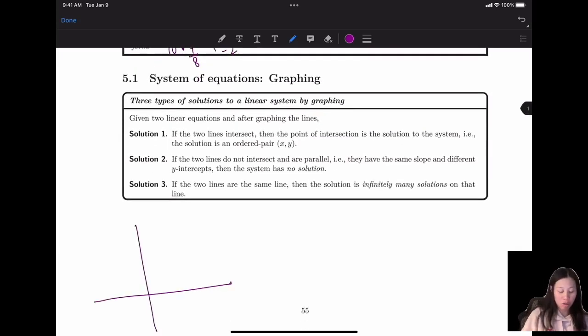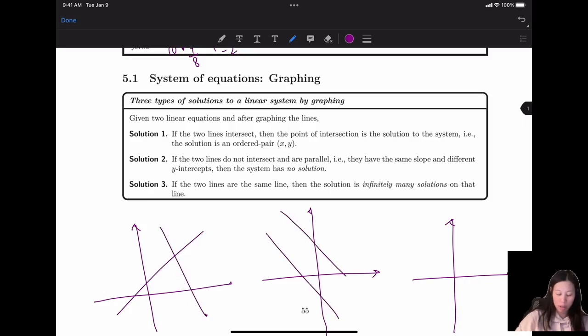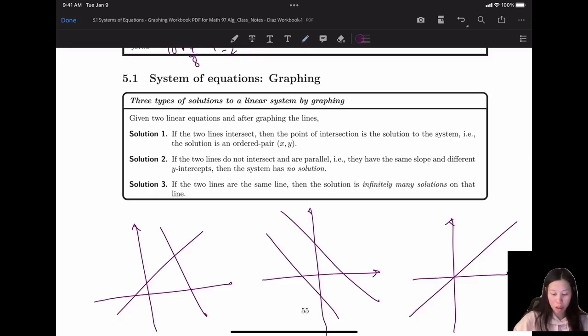If you draw two straight lines on a coordinate plane, they only have three cases, right? They either have one intersection, or no intersection, which means they are parallel to each other, or they overlap.